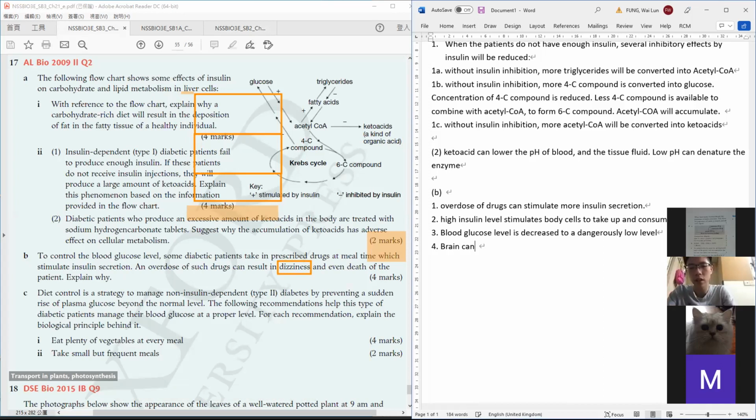The brain can only rely on glucose supply, can only rely on a supply of glucose for respiration, for energy. Okay.